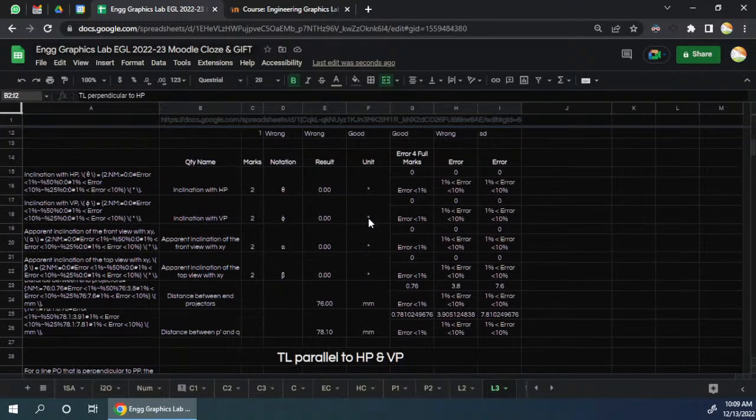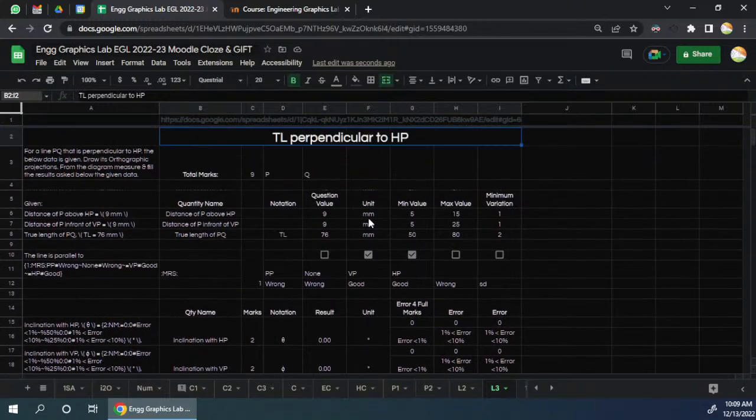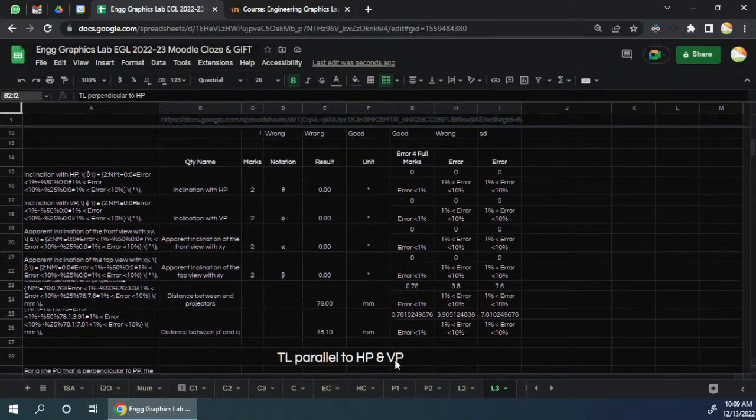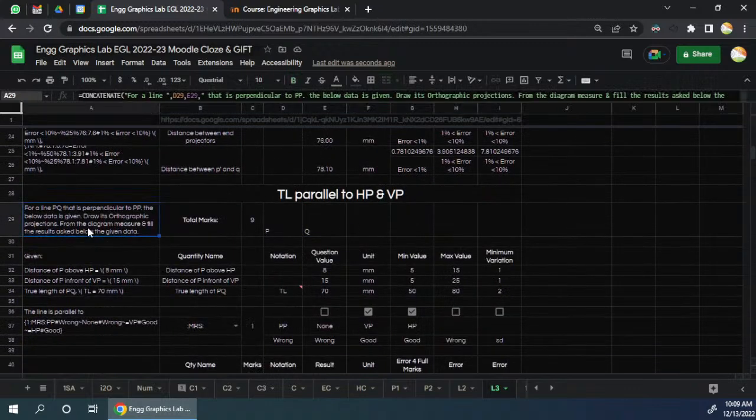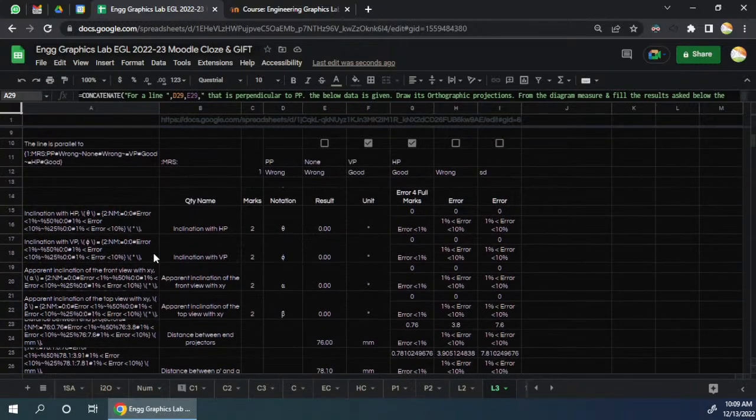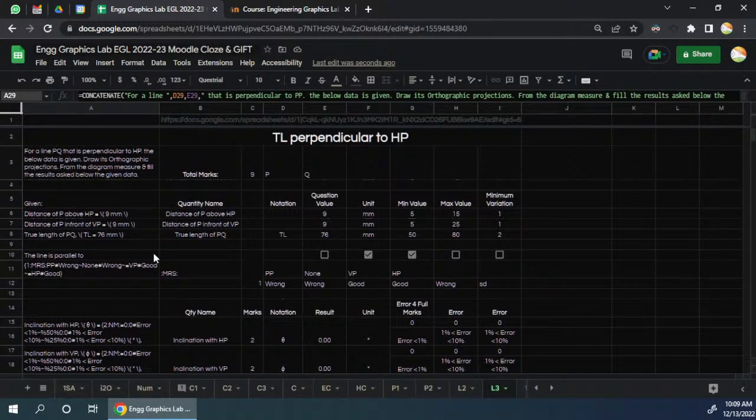Line true length: here we have true length perpendicular to HP. Here we have true length parallel to HP and VP. The question mentions it as perpendicular to PP, which is the profile plane, and in this condition they're supposed to draw the projections of lines.